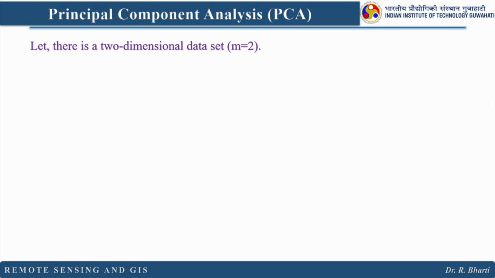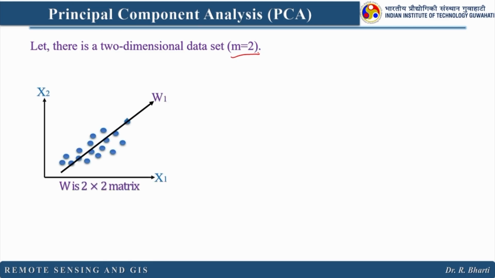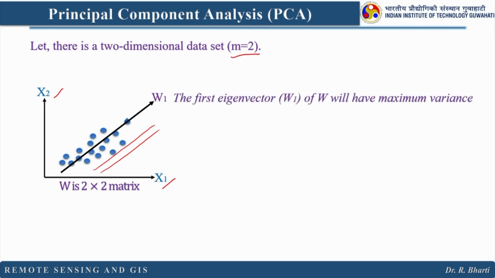So let us assume there is a two-dimensional data set, so m is equal to 2, and here you can see that x1 and x2 are plotted, and they have a very good correlation, right, which we don't want. We want bands or images to have unique information, which is very difficult from the raw data. So what we do is calculate W1, the eigenvector, and it will be in this direction, right.